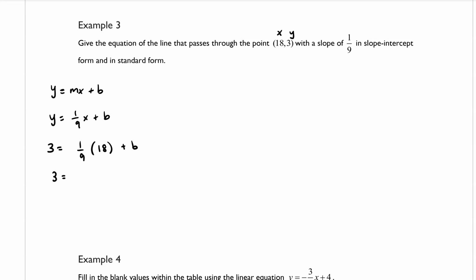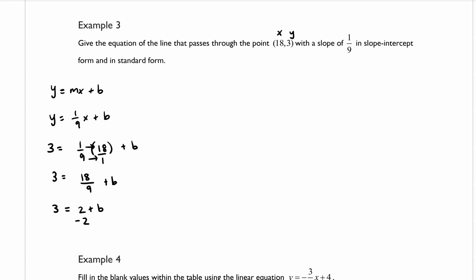18 times 1/9, I would just multiply across. So 18 times 1 is 18, 9 times 1 is 9, and 18 divided by 9 is 2, so I could simplify that. So now I have 3 = 2 + b.